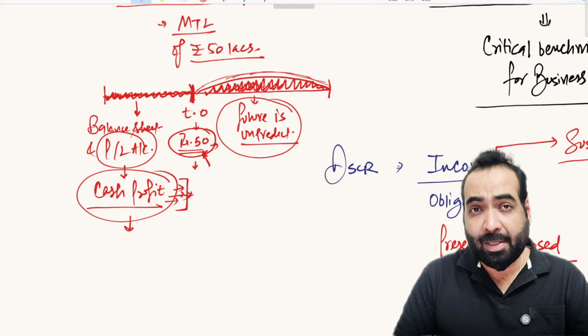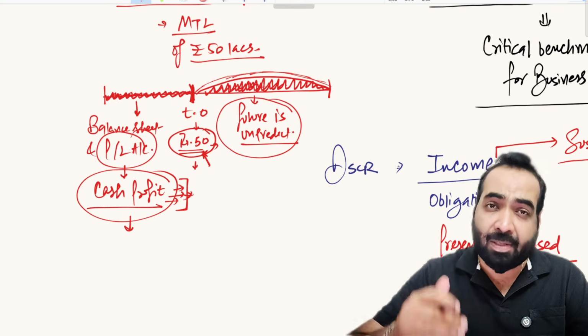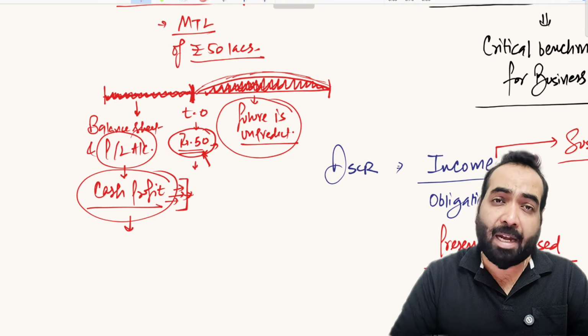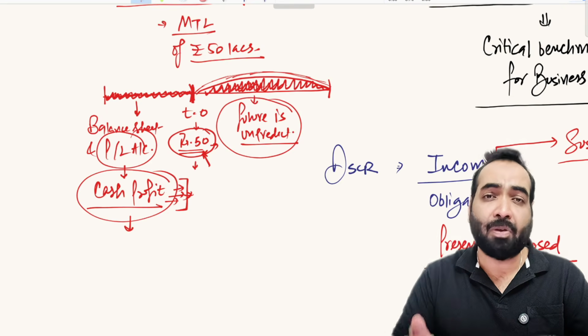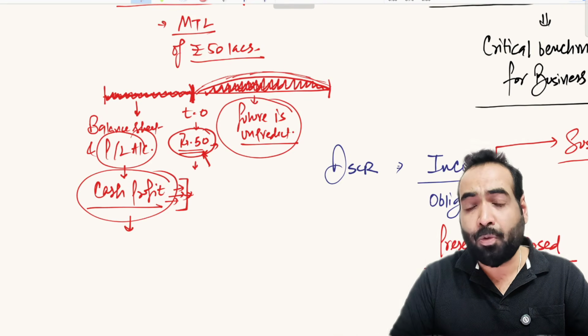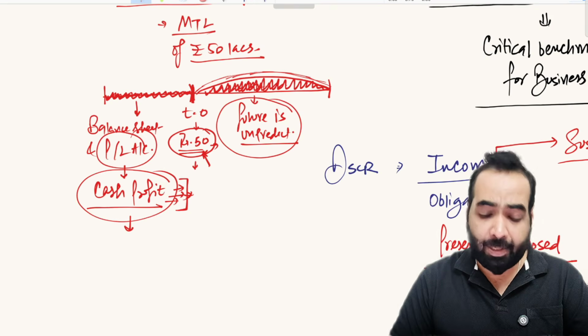So this is the basic theme. We are assessing the past income. We are presuming that the past income shall be sustained in the future, and that income is sufficient to repay all principal and interest obligation of existing debt and the new debt that we are proposing, right?